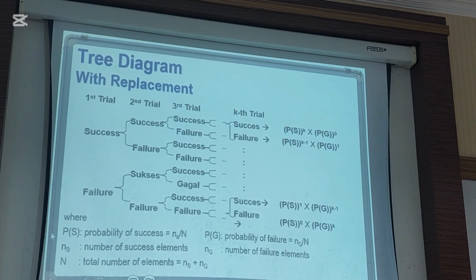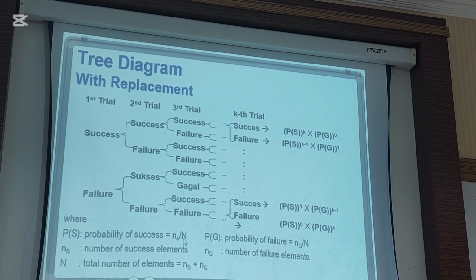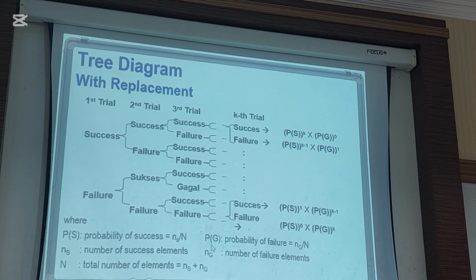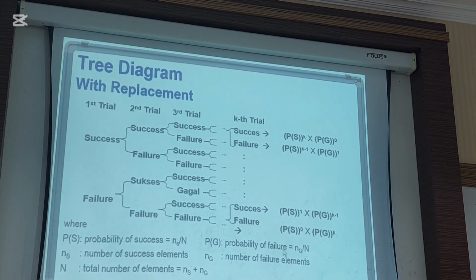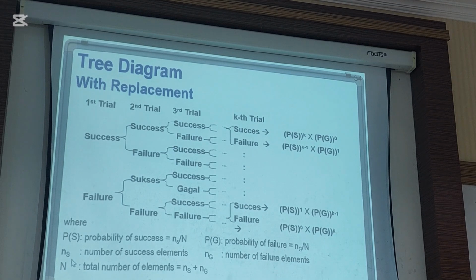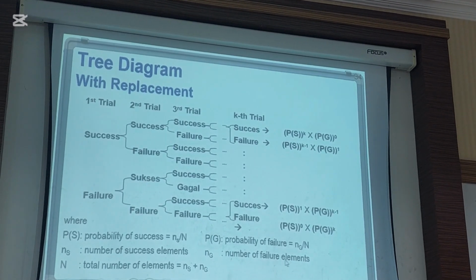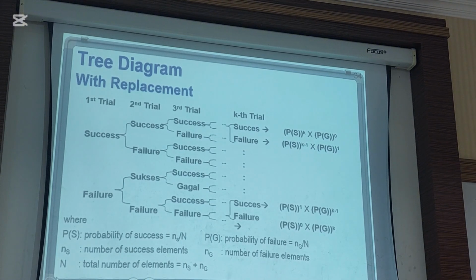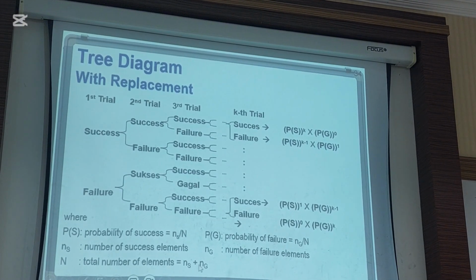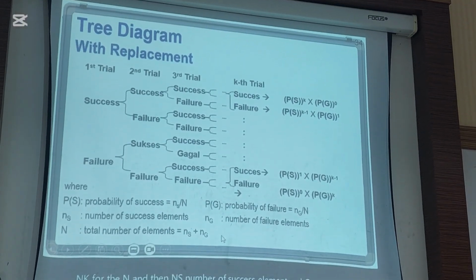So we have PS, probability of success, and PG, probability of failure, and then NS, the number of success elements, and NG, the number of failure elements, and then N, the total number of elements, NS plus NG.